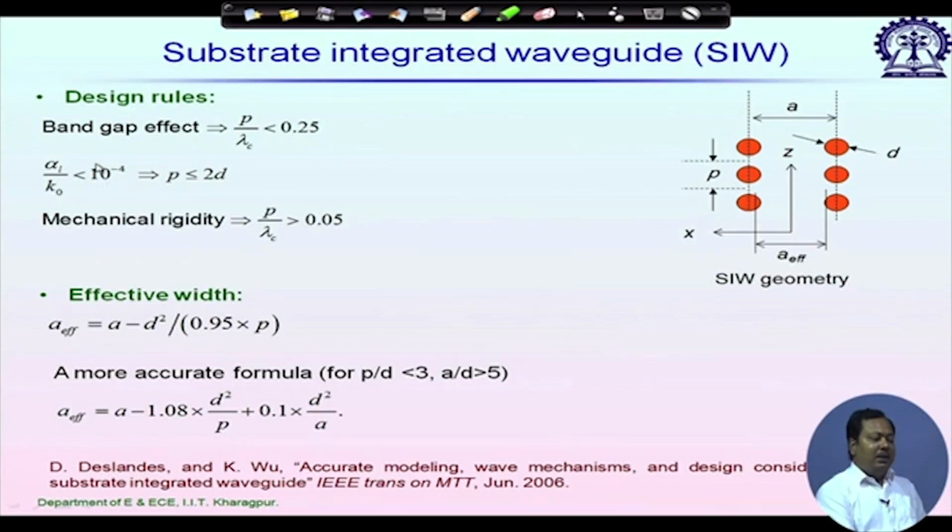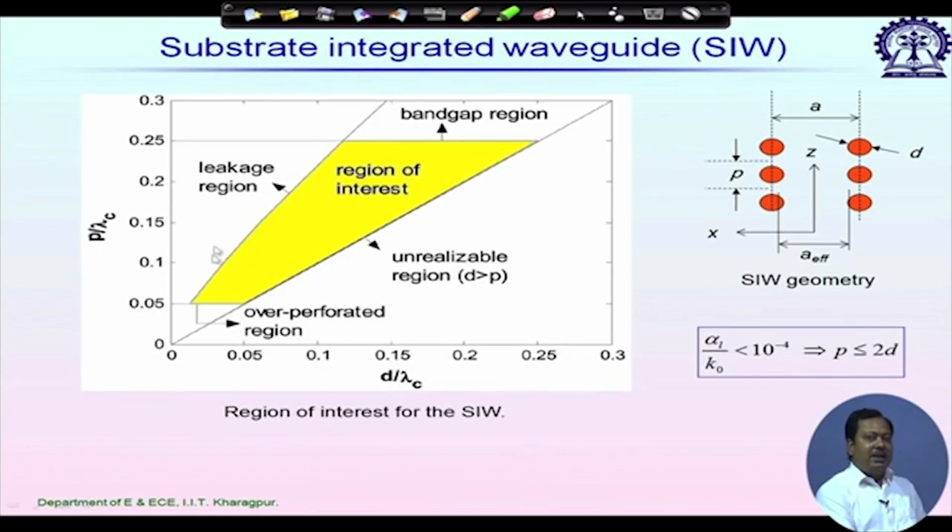Then, to keep the leakage loss smaller than the suggested value of 10 to the power minus 4, it can be shown P should be less than or equal to twice D. So, at least D should be half of P. And for mechanical rigidity, P by lambda c should be more than 0.05, as we defined. Basically, these design rules describe this region of interest.